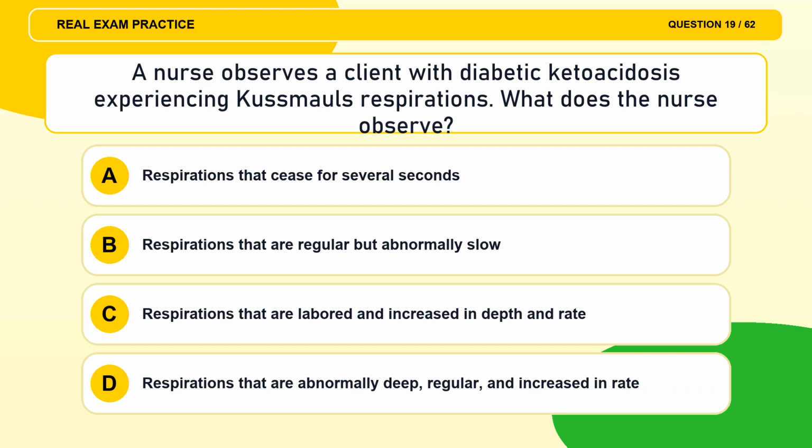Question 19. A nurse observes a client with diabetic ketoacidosis experiencing Kussmaul's respirations. What does the nurse observe? Option A. Respirations that cease for several seconds. Option B. Respirations that are regular but abnormally slow. Option C. Respirations that are labored and increased in depth and rate. Option D. Respirations that are abnormally deep, regular, and increased in rate.